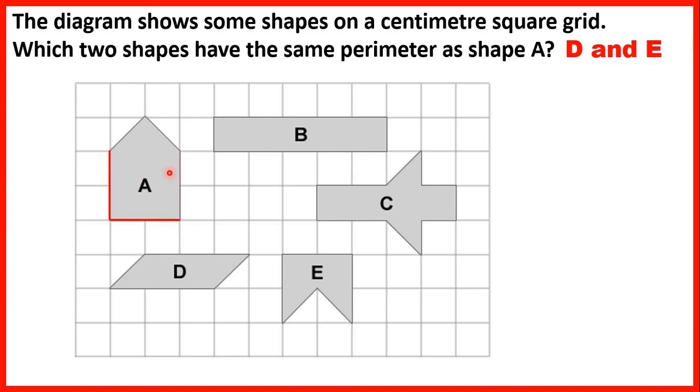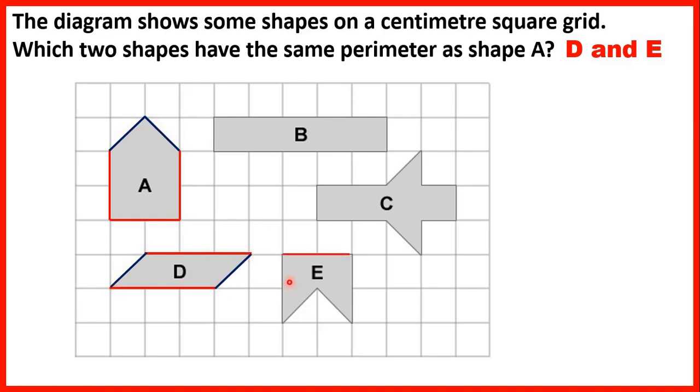And we can see that because with shape A, we can see in red that it goes either vertically or horizontally through 6 squares and then diagonally through 2 squares. And that's the same with shape D. We have 1, 2, 3, 4, 5, 6 squares it goes across horizontally, and then 2 that it goes across diagonally.